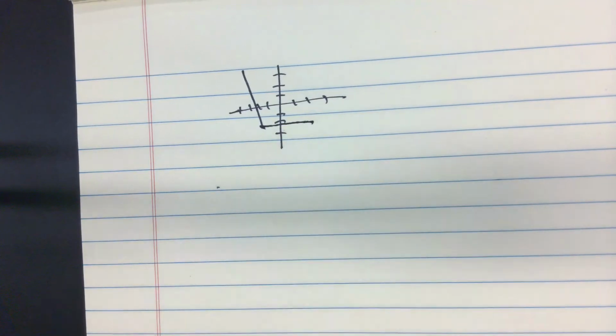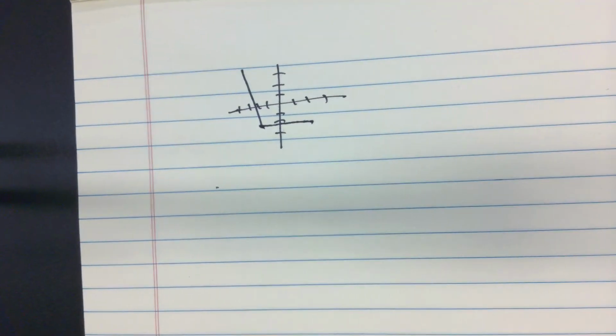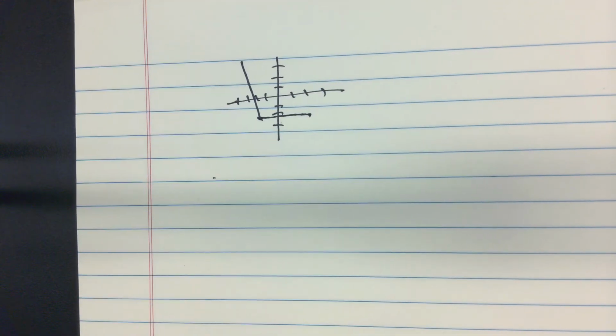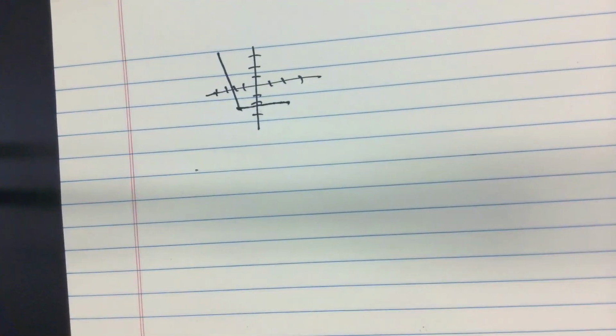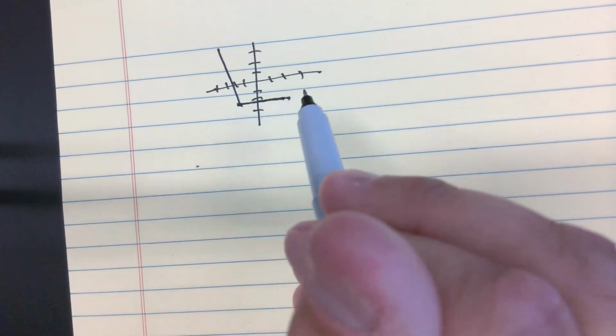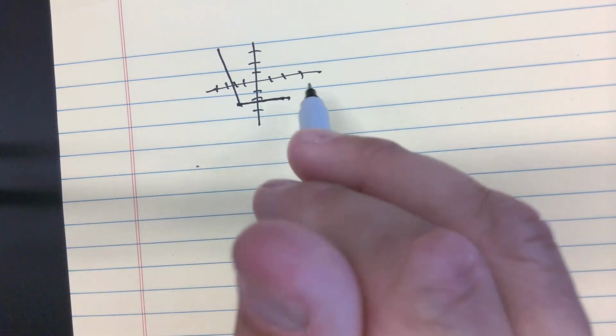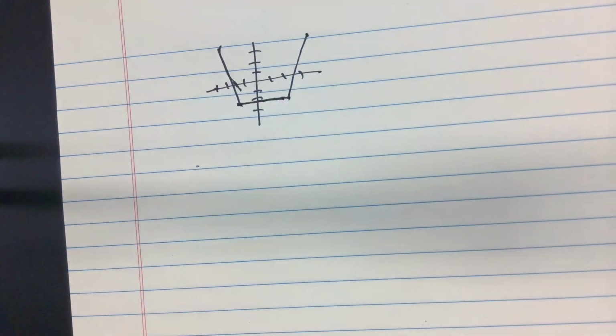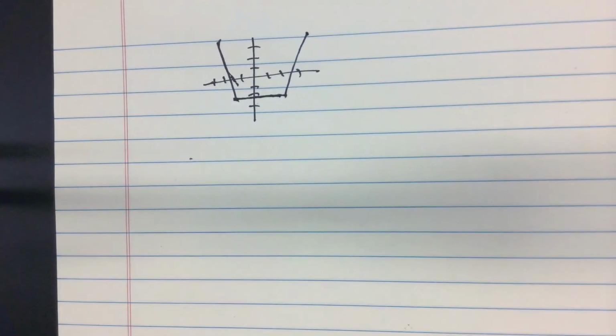What would that flat line be called? What's another word for not moving or staying steady? It's constant. So constant is flat. We have decreasing, constant, and increasing. Does that make sense?